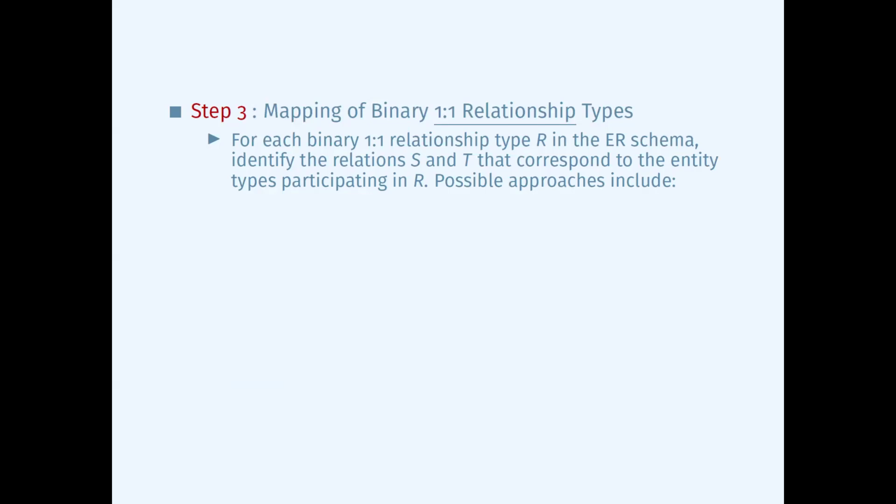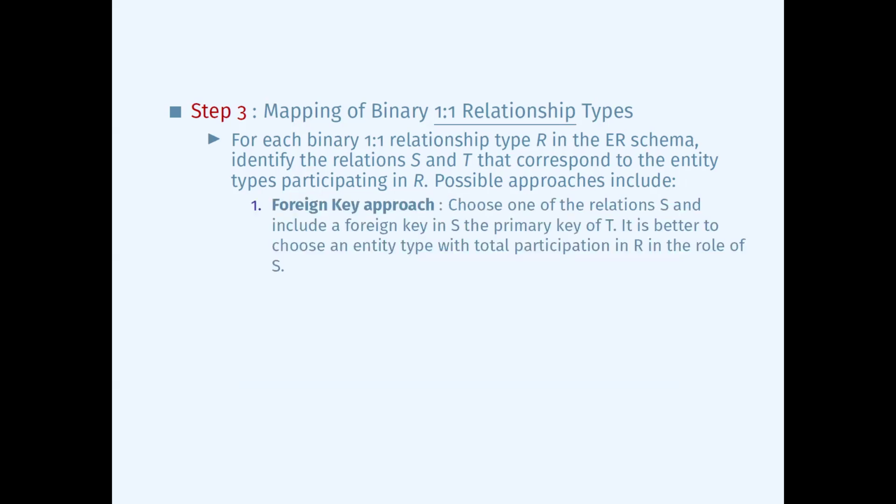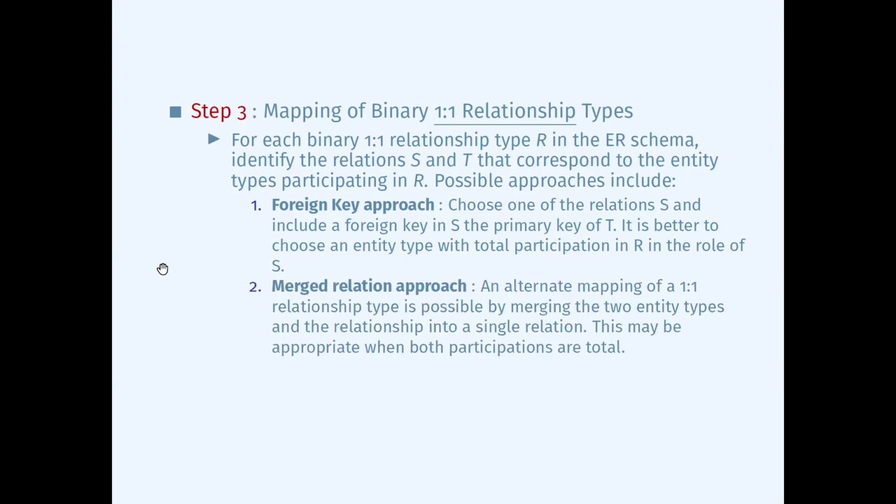There are a couple of approaches we can follow if you have a one-to-one relation. For any relation, you can use a foreign key approach, which means you look for a common attribute for any two tables and then you select it, and we call it a foreign key. Then you have the merge relation approach.